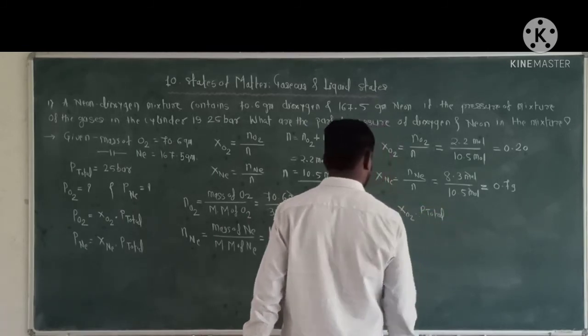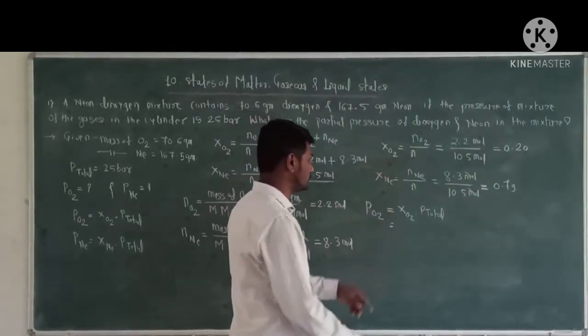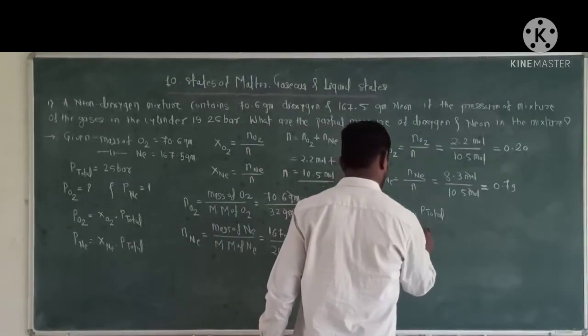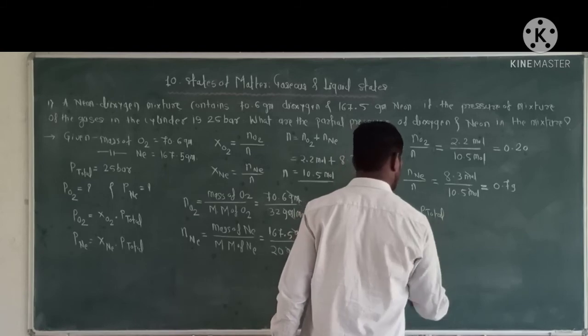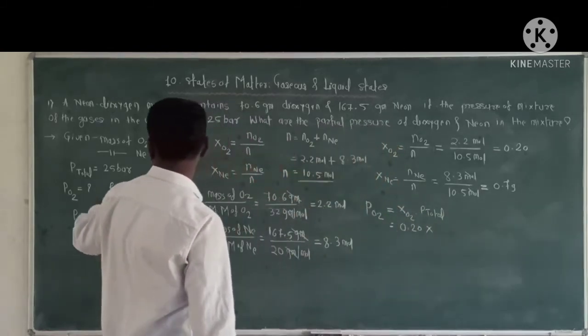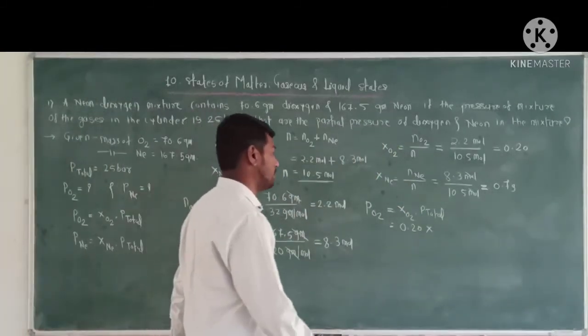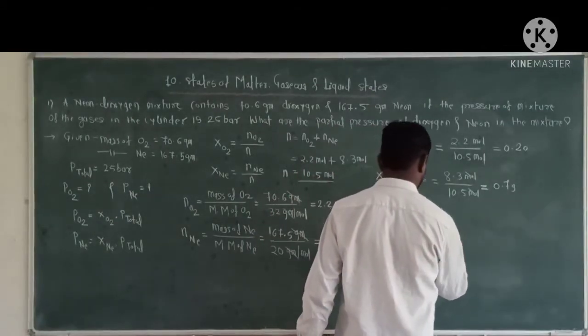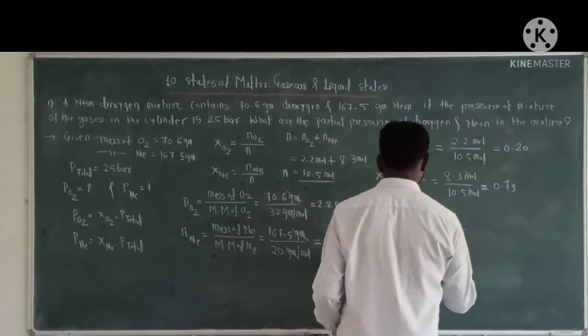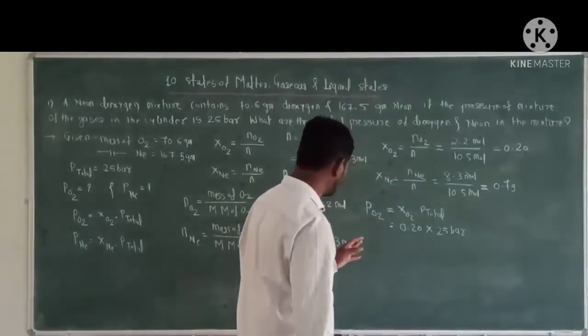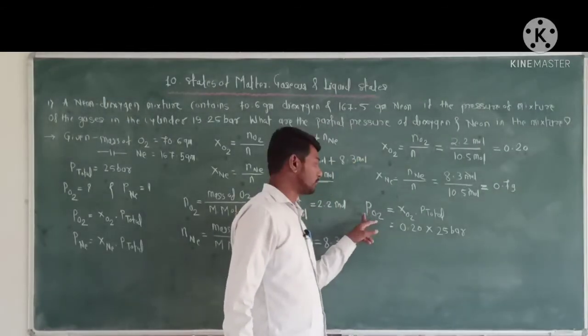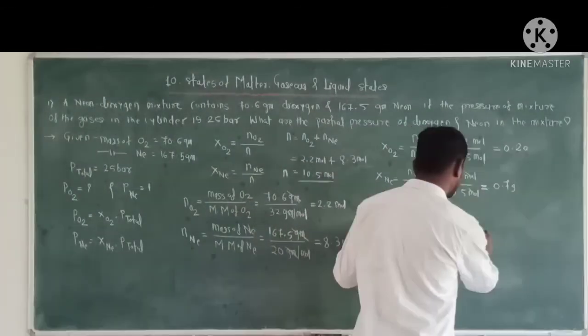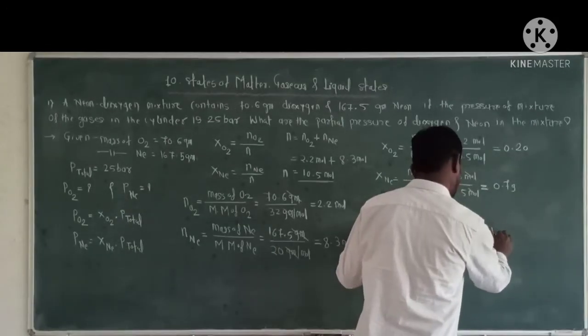Mole fraction of dioxygen is 0.20 into P total, that is total pressure is 25 bar. Solve this equation, we get the final answer, that is partial pressure of dioxygen is 5 bar.